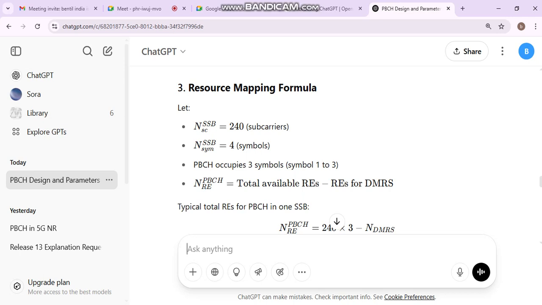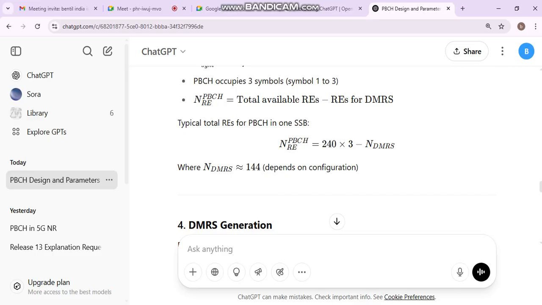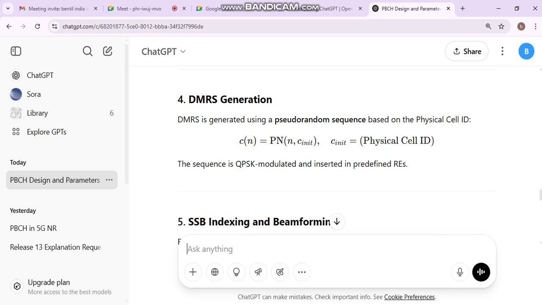N_RE^PBCH is the total available resource elements minus the resource elements for DMRS. Typical total resource elements for PBCH in one SSB is N_RE^PBCH equals 240 times 3 minus N_DMRS. N_DMRS is 144, depending on configuration.